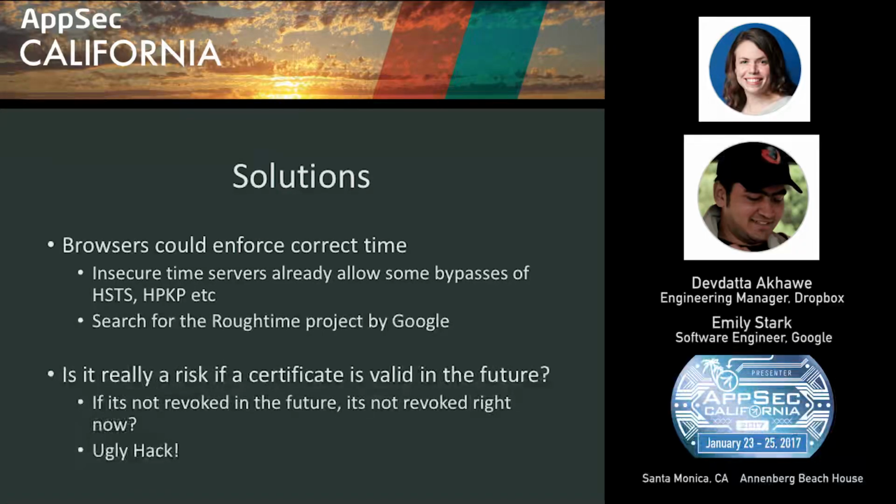I personally, because I like to have fun, think: is it really a problem if we have an OCSP response saying that this certificate is valid from the future? If a CA has come in from the future and told us this private key or certificate is still valid, is it valid now also? From the past I can understand being a problem, but, hey, today is 24th Jan and the CA tells me this certificate is valid from Feb 1 to Feb 8, I should probably accept it for today also, is my thinking.